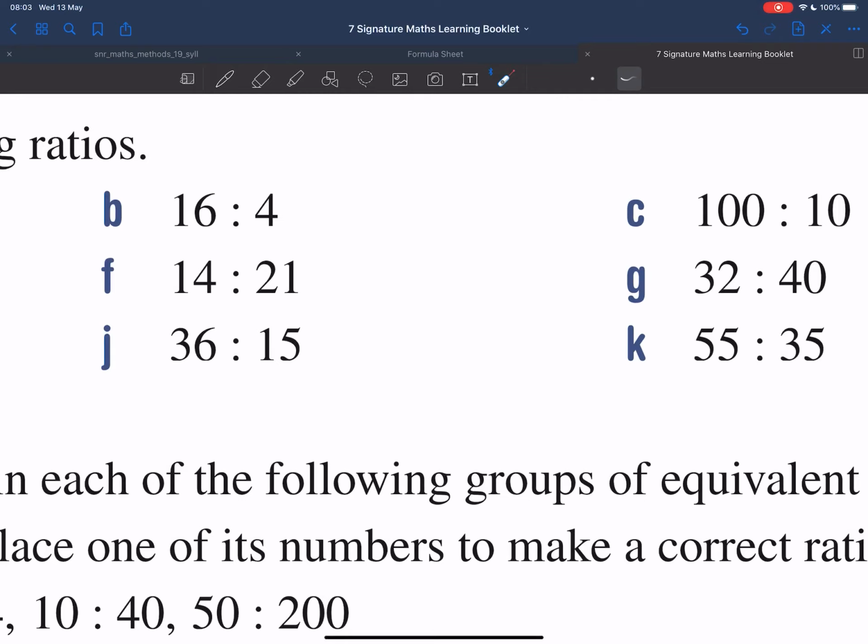Is there another number that we can divide by that's a little bit larger? 4? No. 5? Oh, 5 goes into 15, but 5 does not go into 36. 6? No, that's it. So the highest number that we can divide by will be 3. So here we go. 36 divided by 3 will be 12, and 15 divided by 3 will give us 5. So the answer will be 12 to 5.